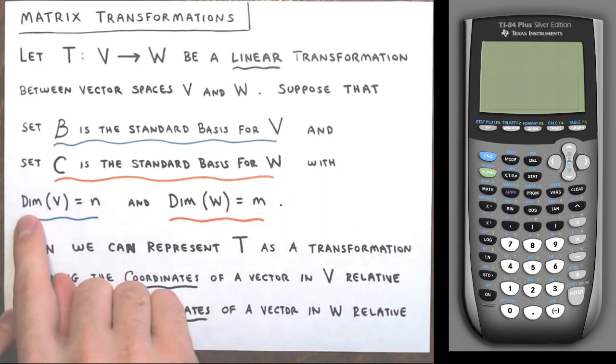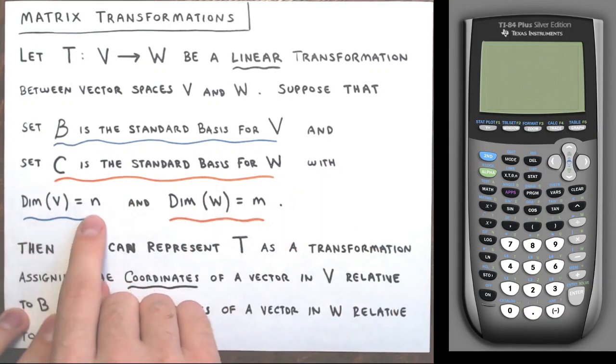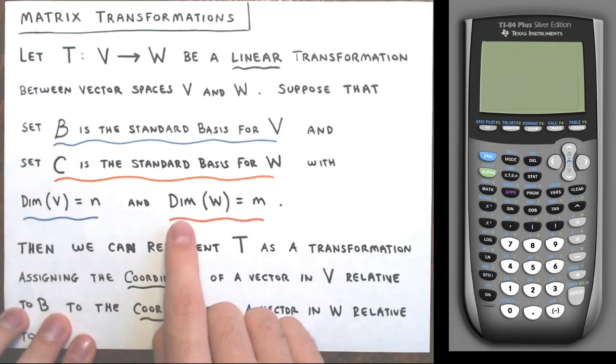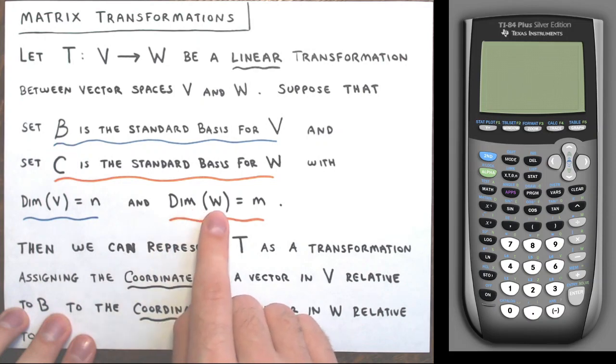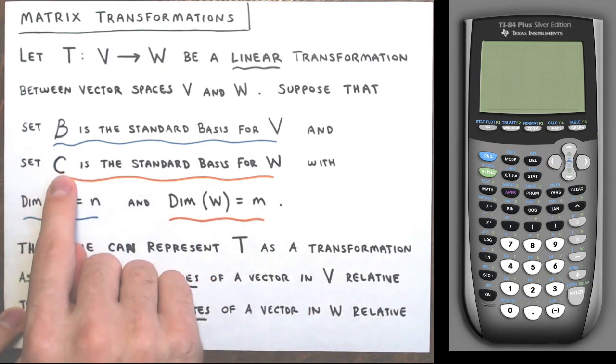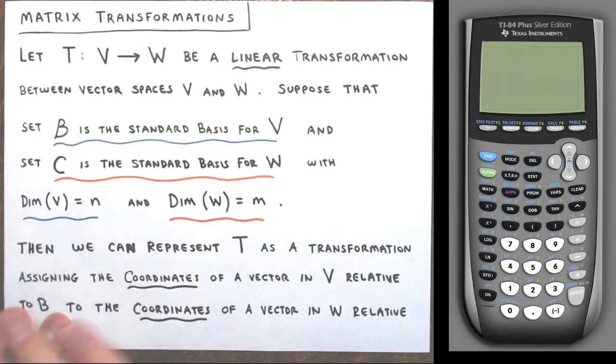So suppose that the dimension of V is n, so there are n vectors in the standard basis for V. And the dimension of W is m, meaning there would be m vectors in the standard basis C for W. Notice that everything in this video, as with most videos here, is working with finite dimensional vector spaces.